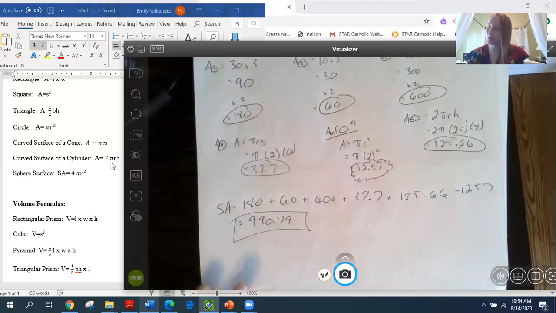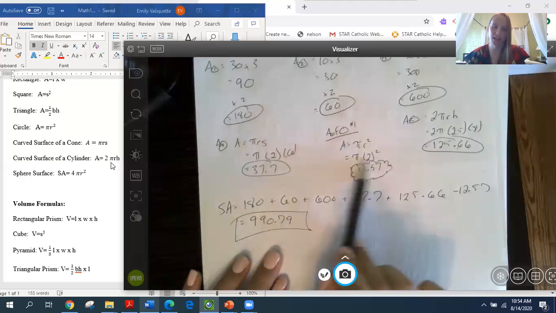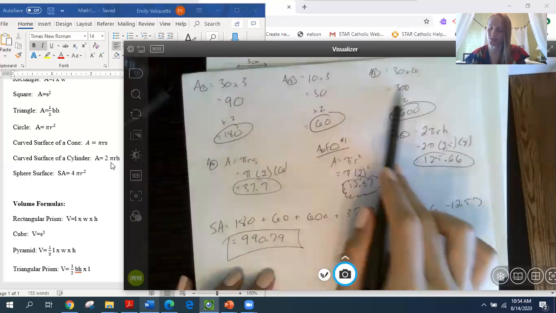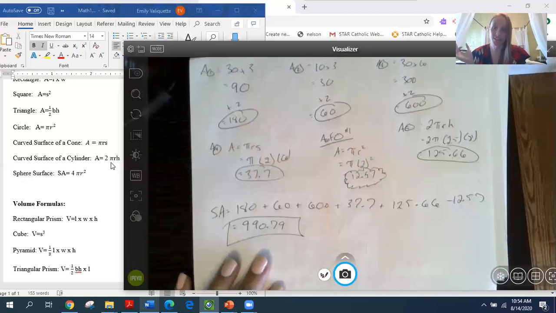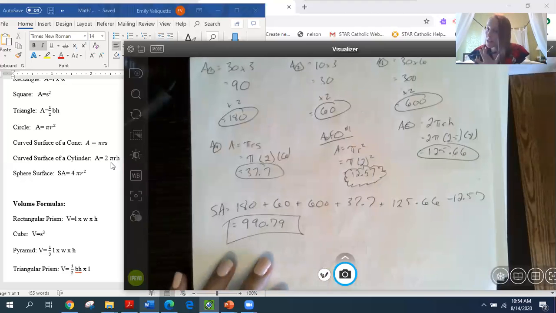Now, some people do like to subtract this area of overlap directly from one of the faces, like this 300 here. That's fine too. I just like to save it all to the end, but if you'd like to deal with the area of overlap earlier than that, you certainly can.